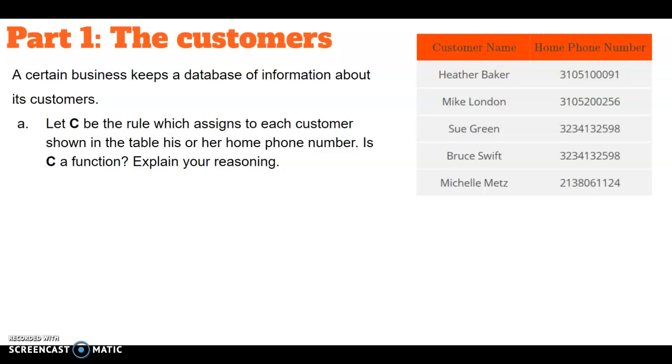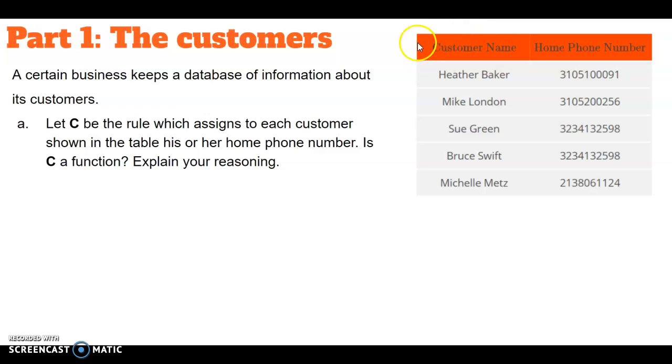So, the first question, it says, let C be the rule which assigns to each customer shown in the table his or her home phone number. Is C a function? So C stands for customers' names. Okay, so I'm going to look at my customers' names and I can see that each customer here has one number.